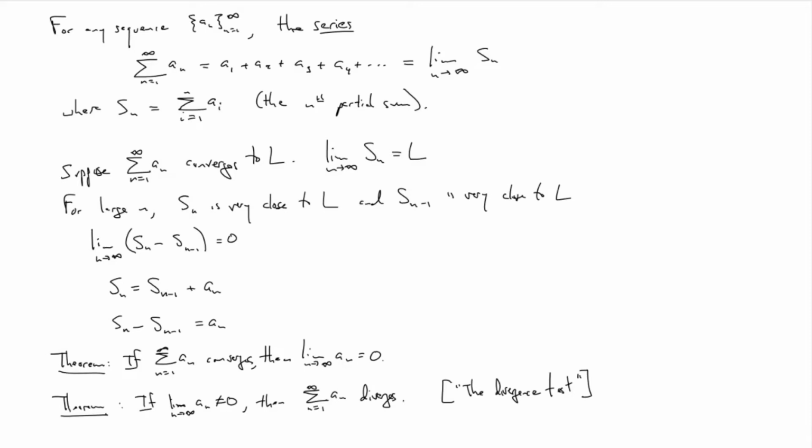Well, that means if you go out far enough in the series, it starts looking like plus a tenth, plus a tenth, plus a tenth, plus a tenth, forever and ever and ever. And if you keep adding a tenth forever and ever, you're going to get infinity. And so this is just an intuitive way of looking at this. Unless the terms are going to 0, there is no way for the series to converge.